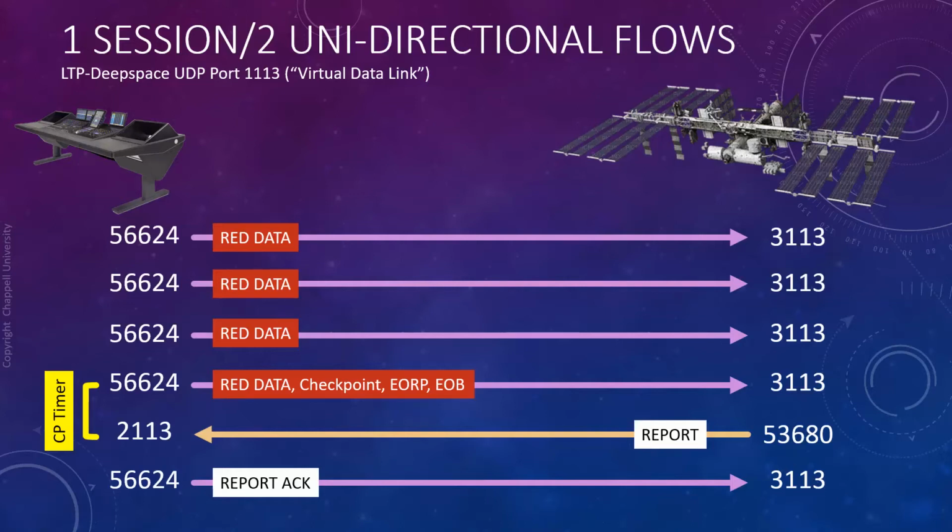So it's a little bit strange because if we were to look at Wireshark's stream column that we added to our profile, this would tell us that there are two separate UDP streams or two separate TCP conversations. Well, yeah, it's really one session with two unidirectional flows in it.